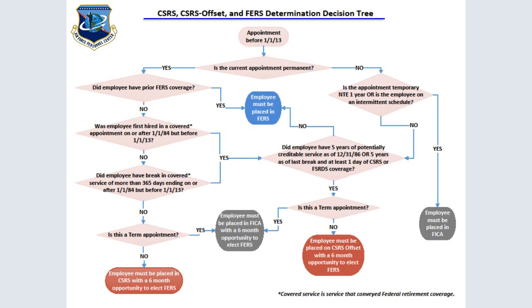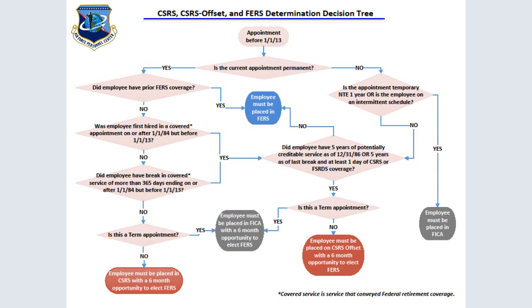So let's go through the steps of a scenario. Starting at the top, you have an appointment before 1 January 2013. Is the current appointment permanent? We'll go to yes. Did the employee have prior FERS coverage? No. Was the employee first hired in a covered appointment on or after 1 January 1984, but before 1 January 2013?